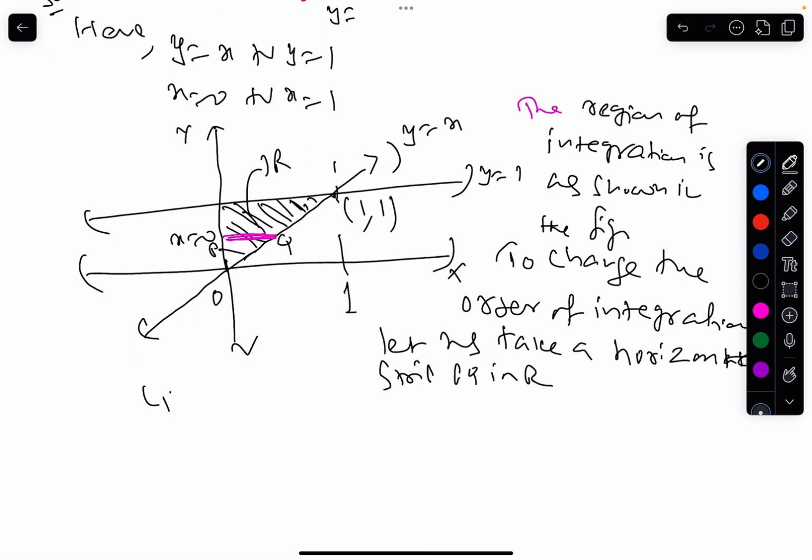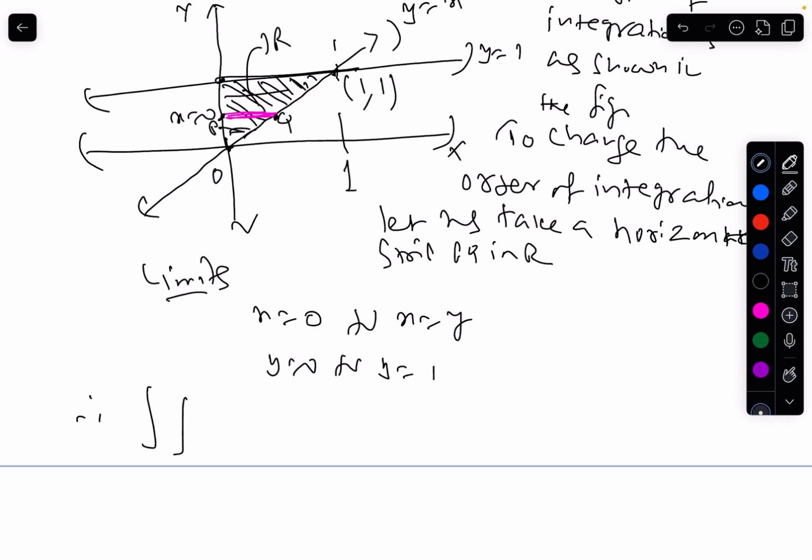So next is limits. Now here x is 0, here x is y, and this strip moves vertically from here up to here. So y is 0 to y equal to 1.